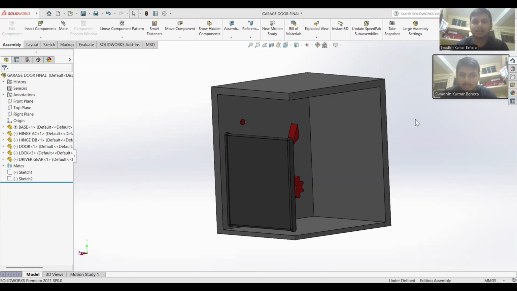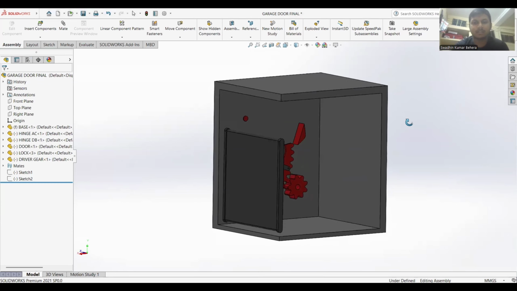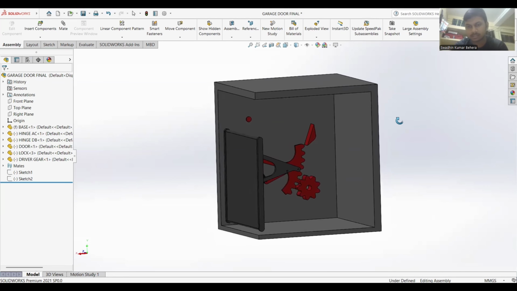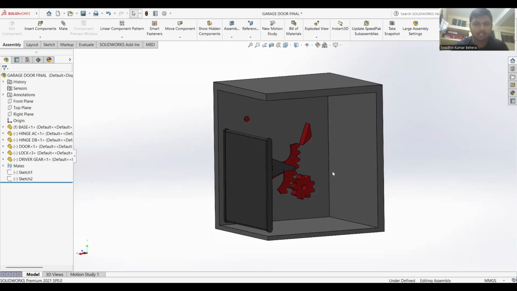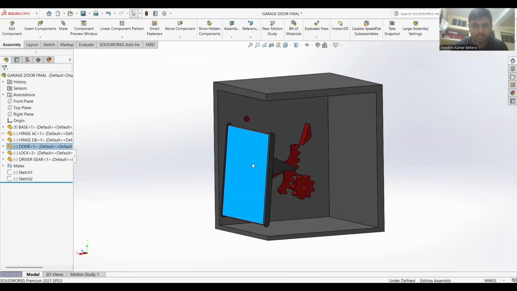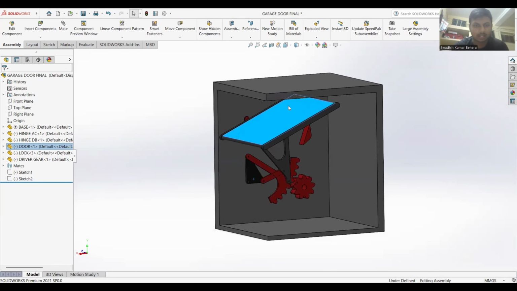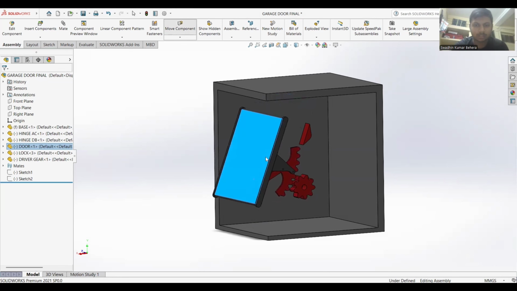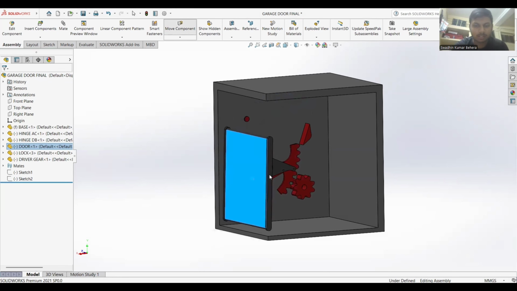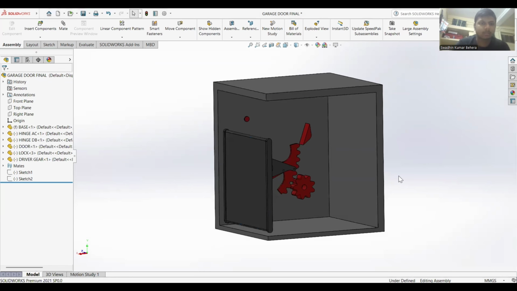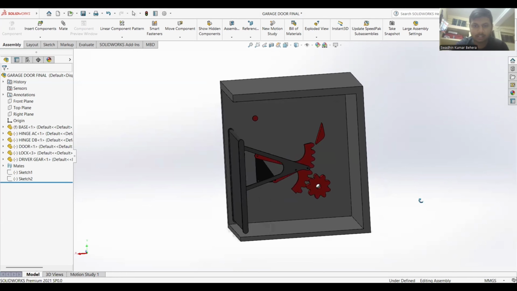I will be explaining the CAD model we have designed for this project. So here is the garage door mechanism we have designed in SolidWorks. First of all, we measured all the link dimensions from the synthesis we did in our trials, mentioned in the earlier slides, and these links are designed accordingly.